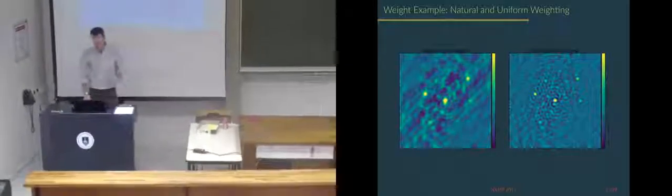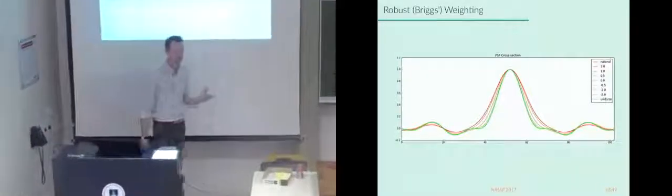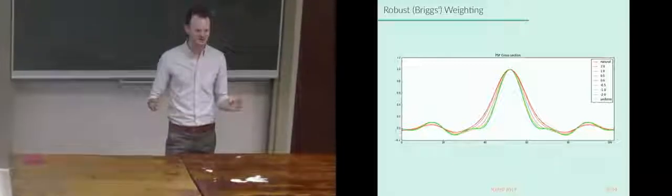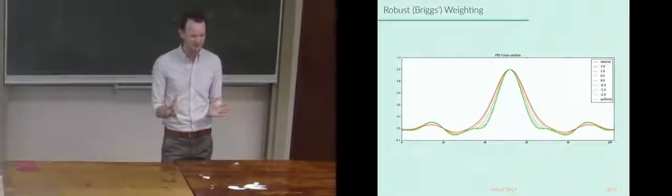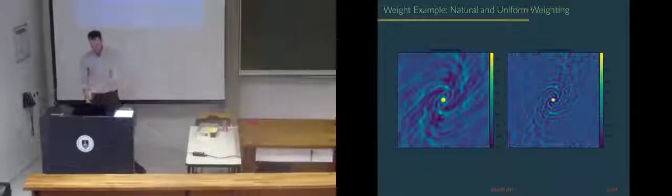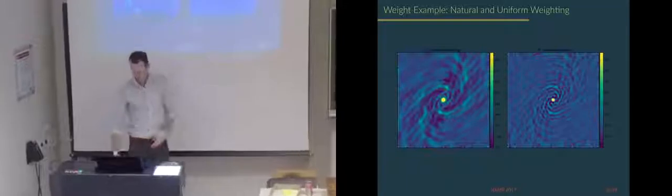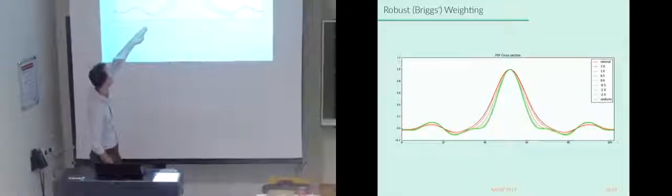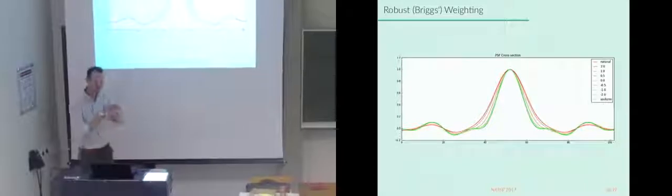Then you can generalize this a bit more with what's called robust or Briggs weighting. Uniform and natural are at two ends of the spectrum, and you can imagine weighting them in some ratio. This is the idea of robust weighting. In red, this is a cut of that PSF. If you imagine you just cut the PSF here, and we plot it: in the natural weighting, this red, the bowl isn't as significant, it's a bit more flat.